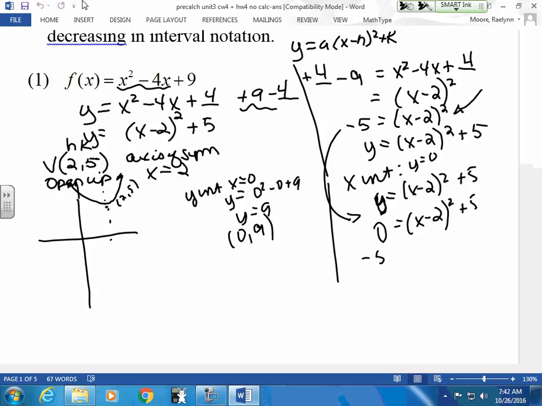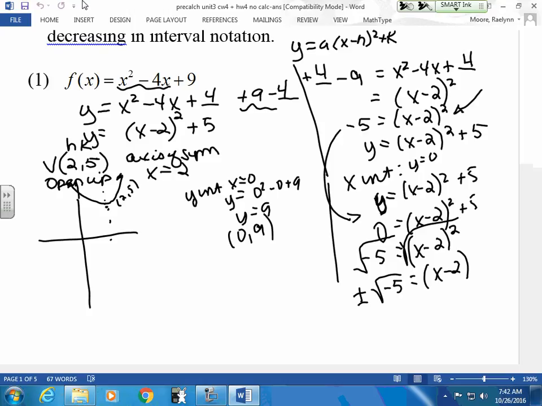We'll subtract 5. And this is how we'll solve. Normally you put the quadratic formula in here. But we already have this in this form. We take the square root. Remember, you get a plus or minus when you take the square root. Now in a little while, we'll worry about the i, but not right now.